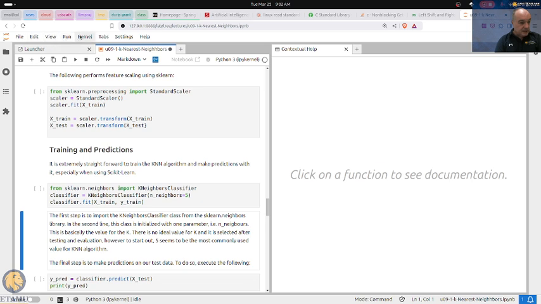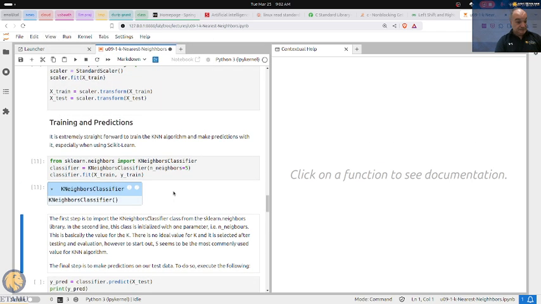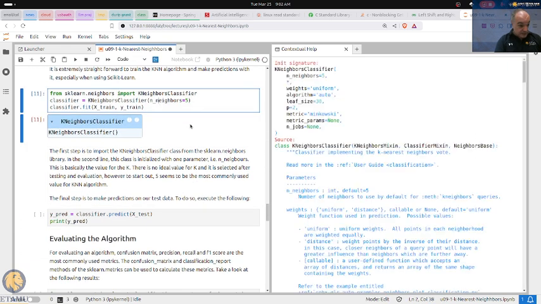Rerun everything here, mostly because I just wanted to remind myself of the parameters.